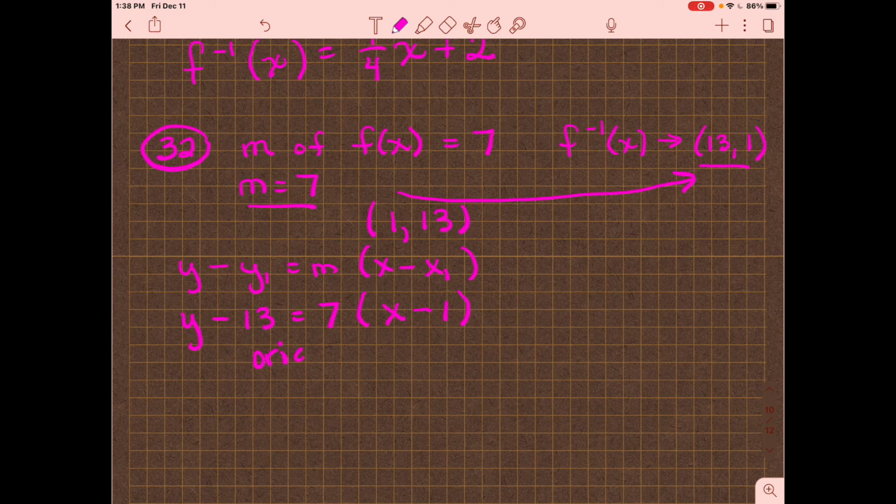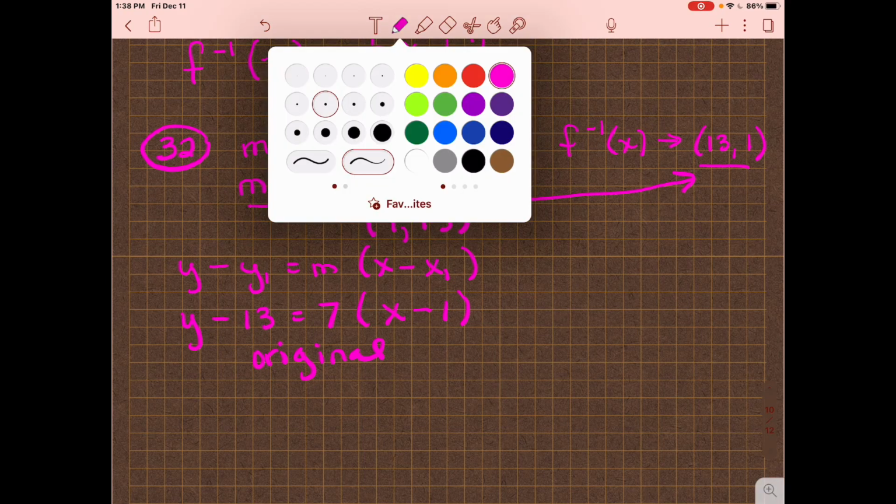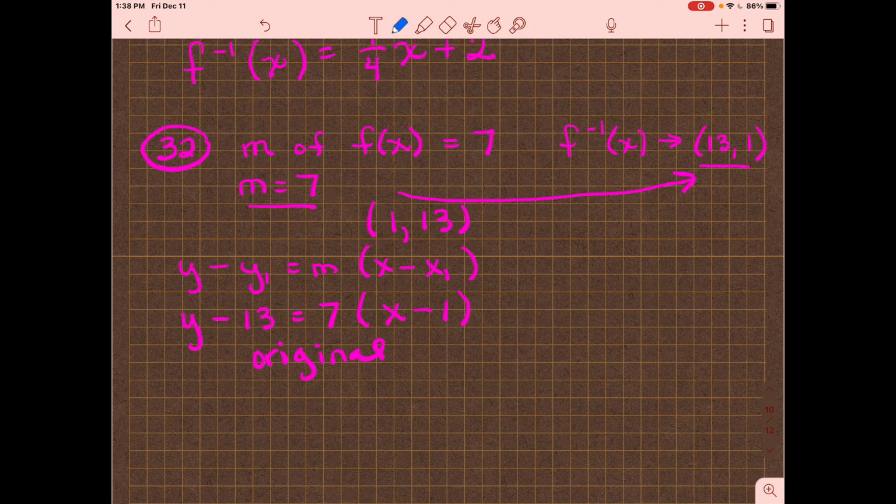This is the original. We want to write the inverse. So what we're going to do is swap the x and the y. We're going to say x minus 13 equals 7 times y minus 1, and then we're going to do the algebra work to get y by itself. So first thing I'm going to do is get rid of that 7 outside the parentheses by dividing by 7.